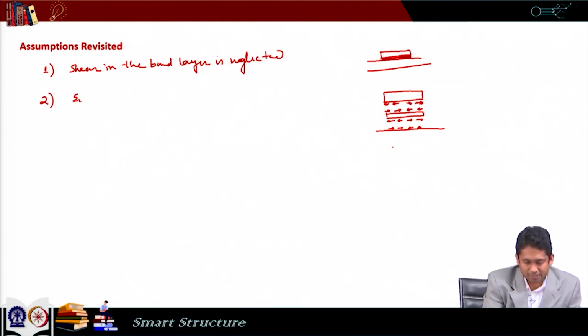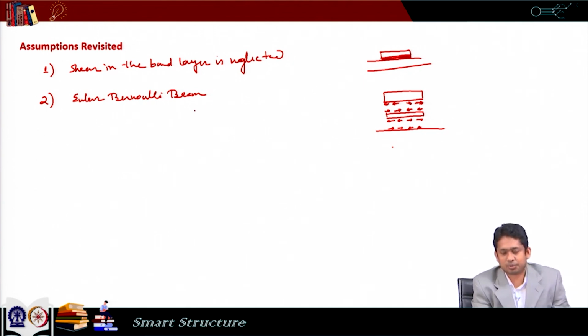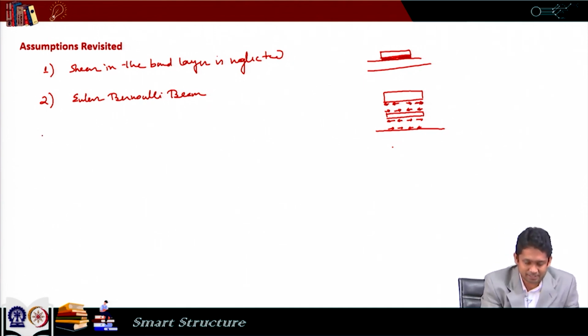Next is the Euler-Bernoulli assumption that we made. It says that there is no shear deformation in the beam, that we neglected, and also while doing the blocked force method based analysis, we neglected the variation of normal strain along the thickness of the piezo actuator.